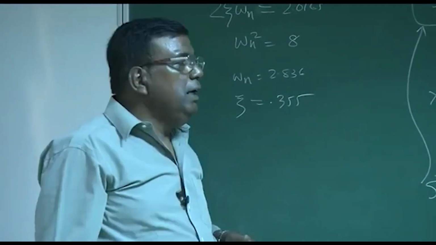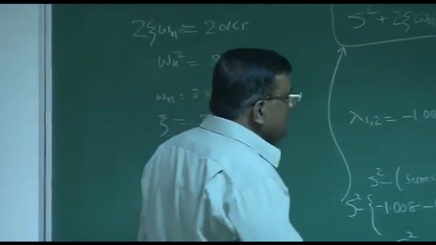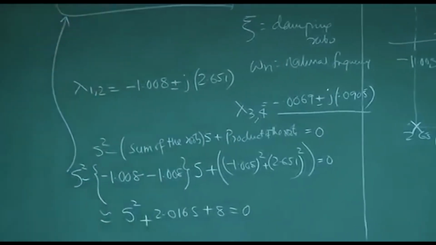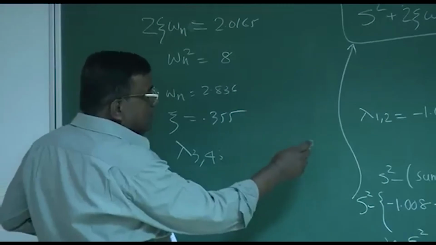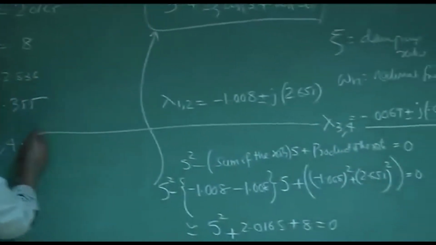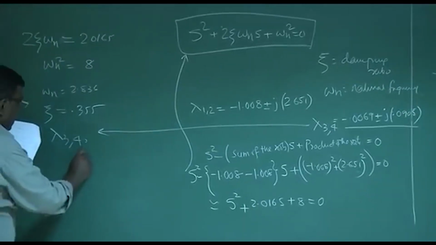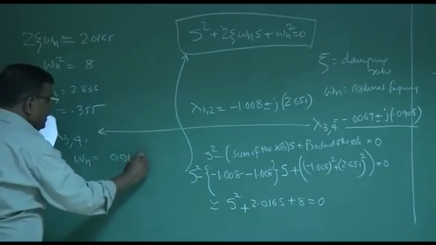There is a debate. But you understand that some sort of kinetic energy and potential energy conversion is there, and it takes longer time to come back to equilibrium, which you could see easily from the second equation. If we again find the roots for this, lambda 3, 4, if I solve that equation in a similar way to what we have done here, then we will get omega n equal to 0.091 radians per second.